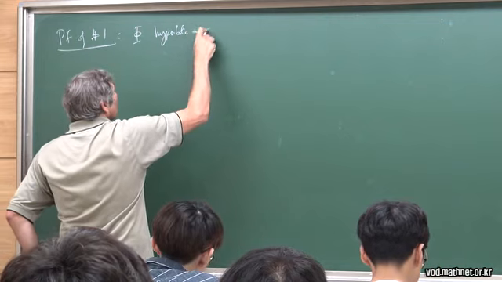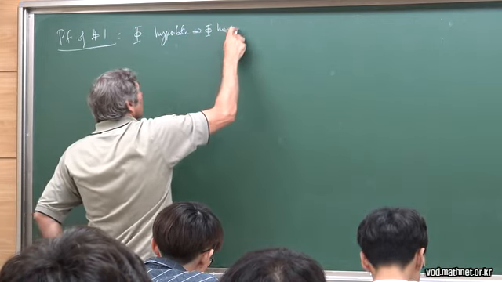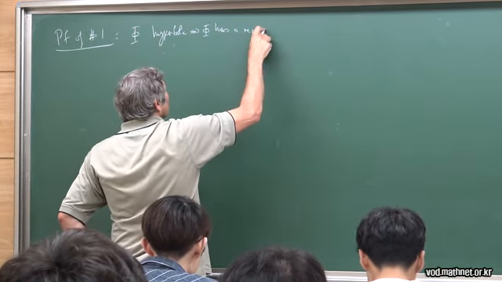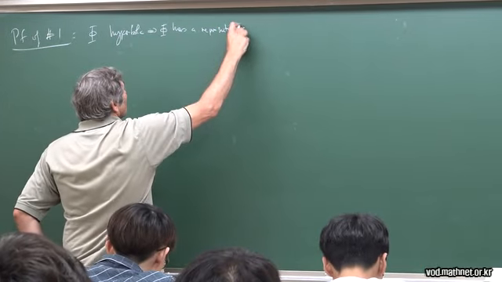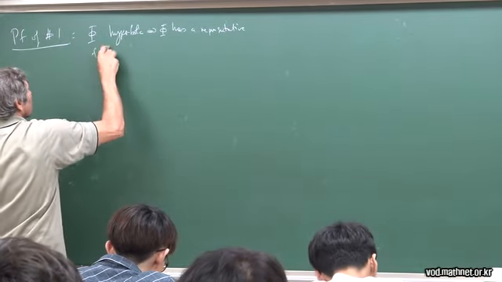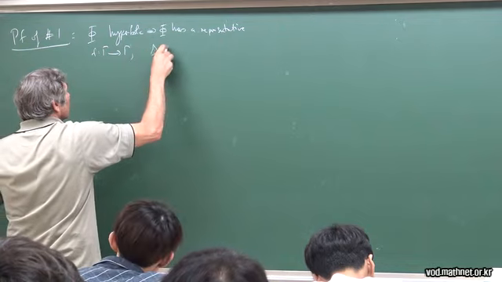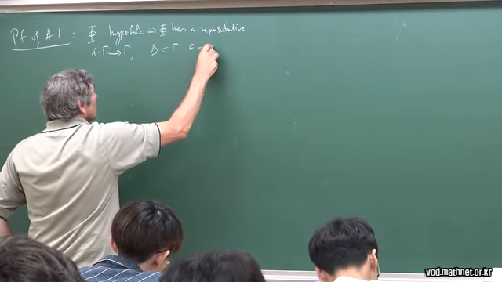Then phi has a representative f from gamma to gamma, and delta is f invariant.